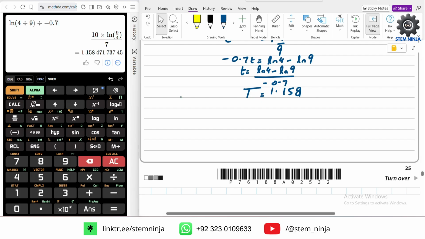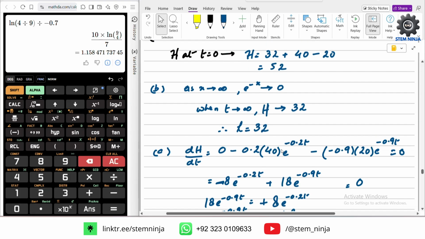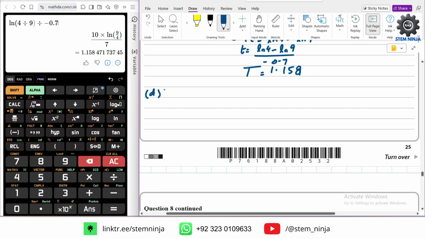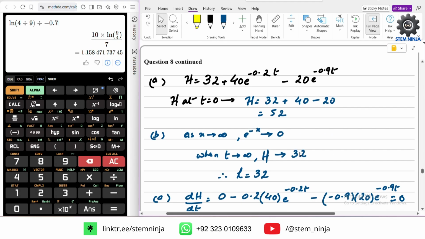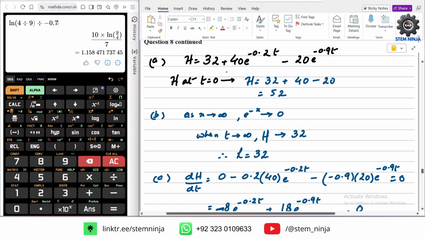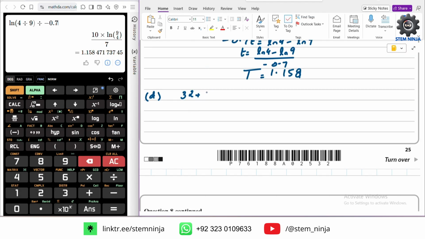Part D. Okay, so you have 32 plus 40 e raised to power minus 0.2m minus 20 e raised to power minus 0.9m equals 37.